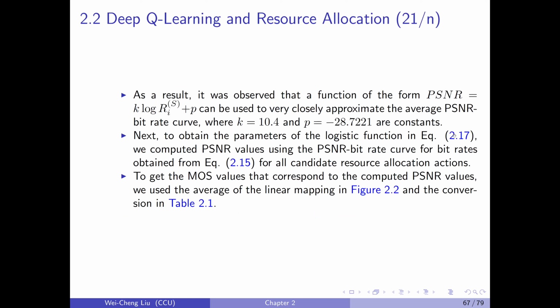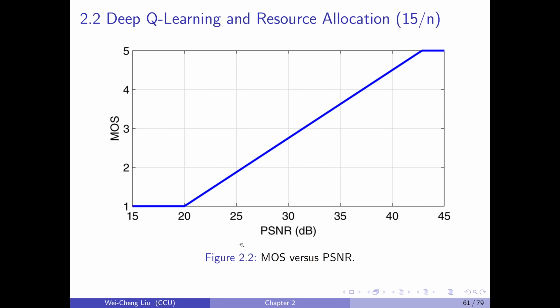Okay, let us go back. Equation 2.15 for all candidate resource allocation actions. To get the MOS values that correspond to the computed PSNR values, we used the average of the linear mapping in figure 2.2. Let us see figure 2.2. This figure, MOS versus PSNR, I have introduced it to you earlier in today's class.